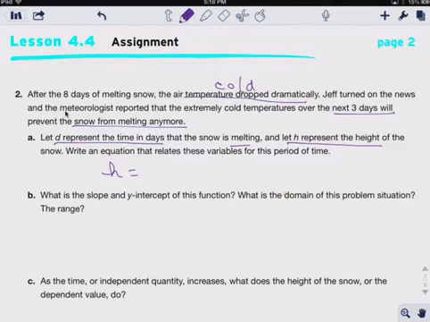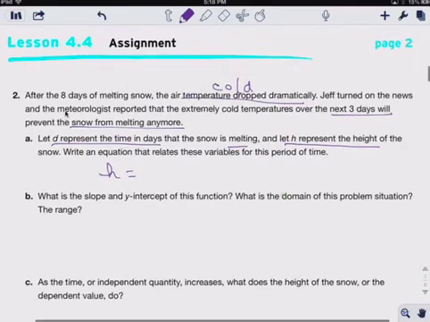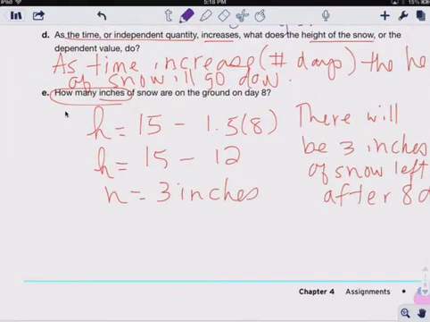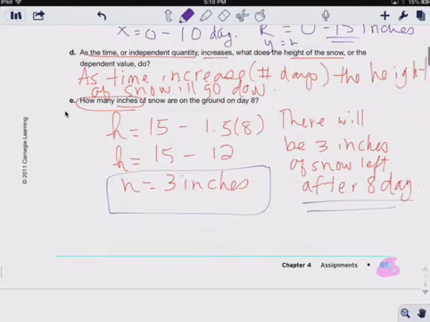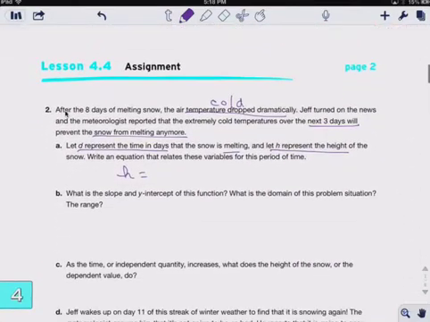So, where is the snow at? I think on this problem, it was at 3 inches. Right, the last problem, there will be 3 inches of snow left after 8 days. That was our last answer. It stopped going anywhere.